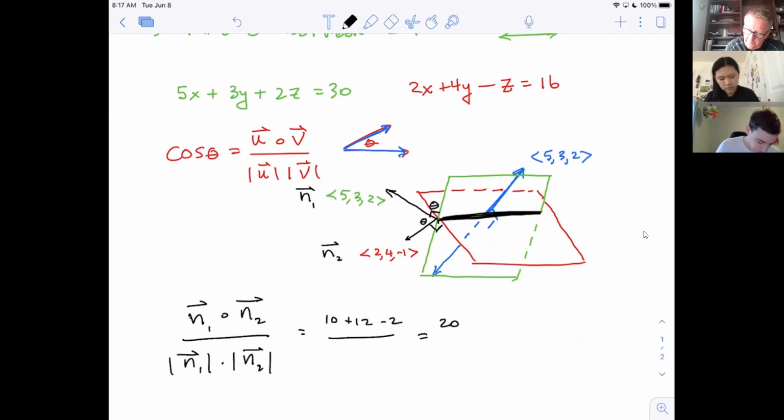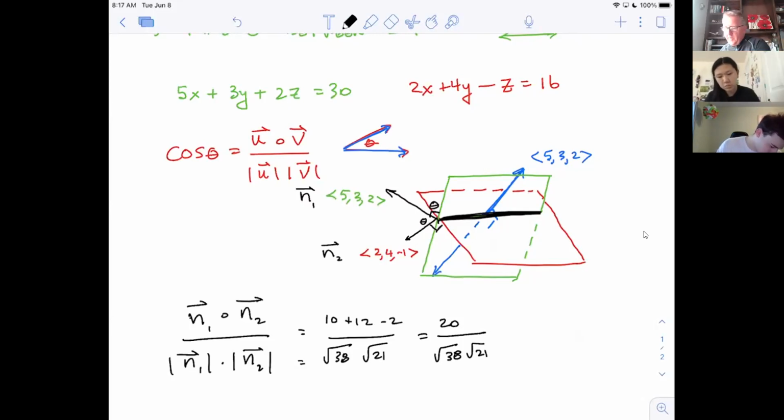For N1, I get 25 and 9, which is 34, and 4 more, which is 38. So I think I get the square root of 38. Just trying to do this quickly in my head. And then 4 and 16 is 20, and 1 more is 21. So I get those two sizes, and ultimately that doesn't really change. And if I just take the inverse cosine of that answer, whatever it is, then I'm getting the angle between them. So that's kind of cool.